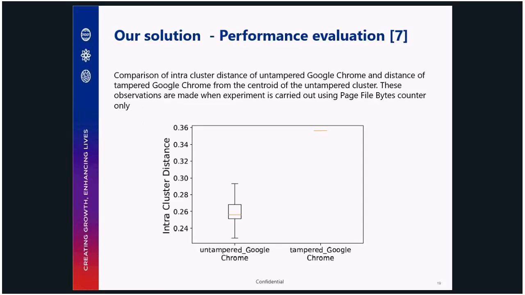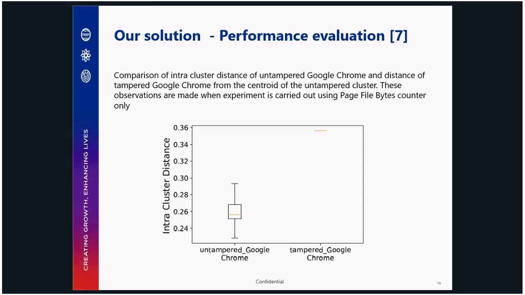And this is what we are mentioning, the distance. This is the intra-cluster distance of Google Chrome, so various samples of Google Chrome. We have drawn a box plot, and then we measure the distance of the tampered sample from the centroid of the untampered version, and we can see that there is a clear-cut distinguishing factor.